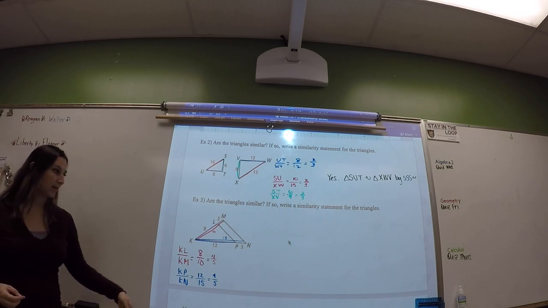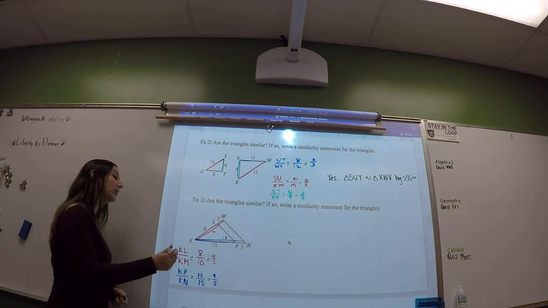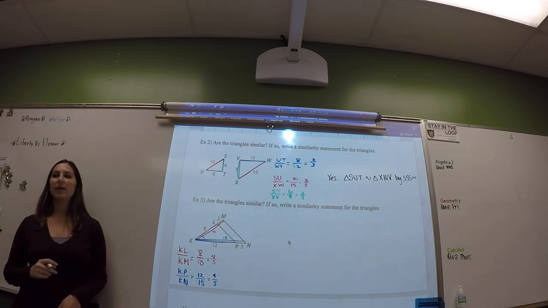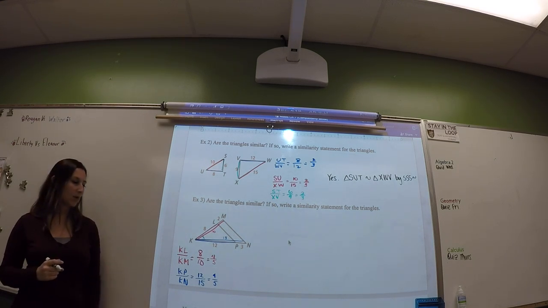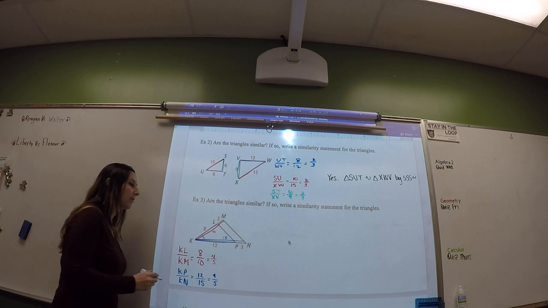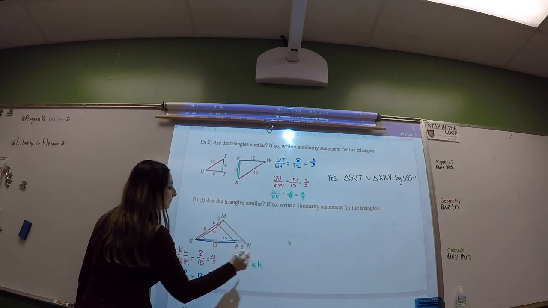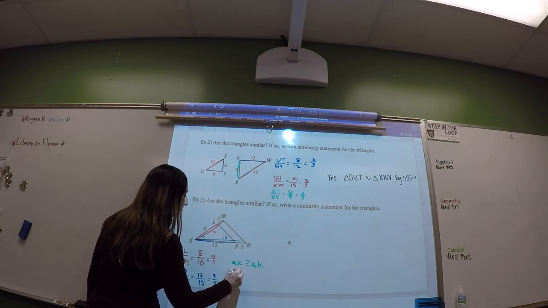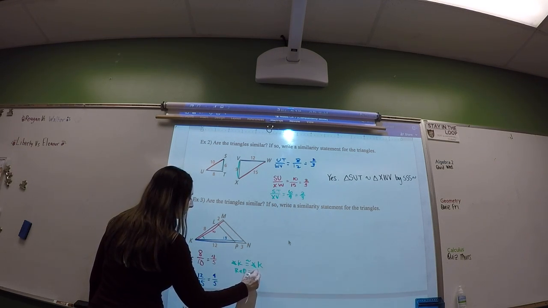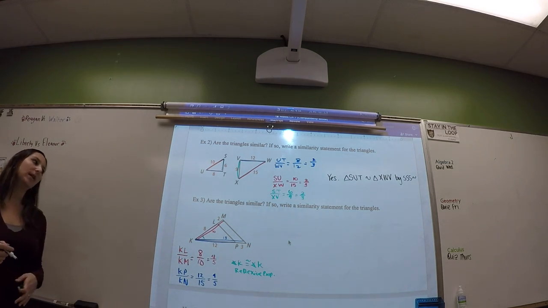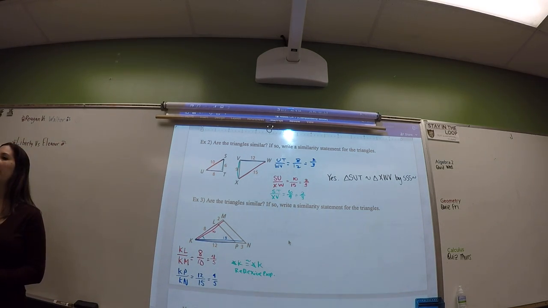Do we have an angle? The included angle is angle K. Side-angle-side. Angle K is congruent to angle K by what property? Reflexive. If you look, K is the included angle for both of those triangles, and it's shared because they're overlapping.